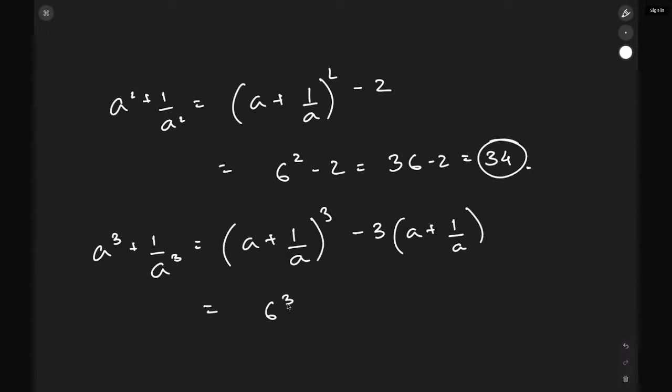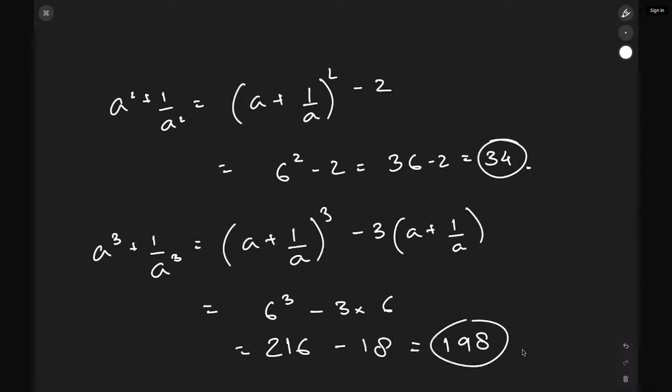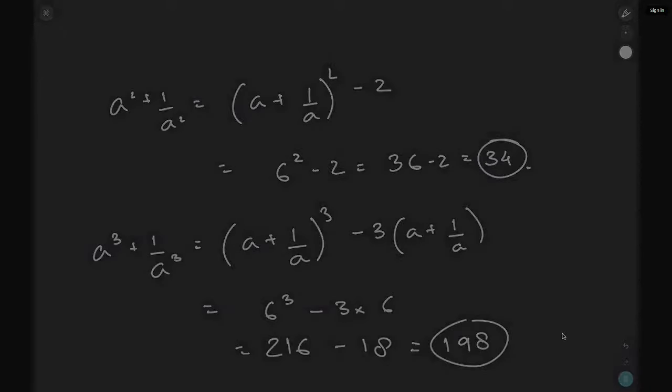So 6 cube minus 3 times 6. 6 cube is 216, minus 18, which will be equal to 198. Alright, so this is how we can do these kinds of questions.